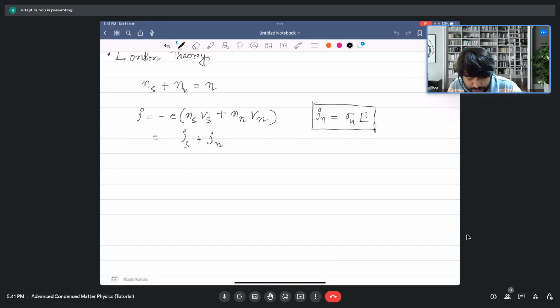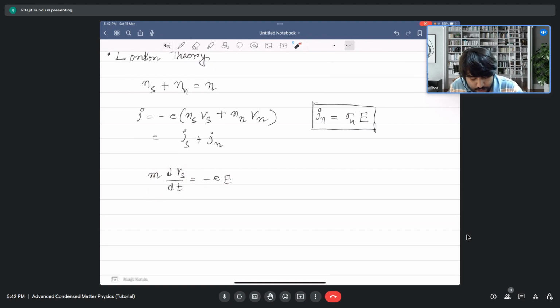Let me first write some Newton's law kind of thing. m dvs by dt. This is fully semi-classical, with no microscopics in this. If we have just the electric field, then this change in momentum is given by the applied force because of the electric field.